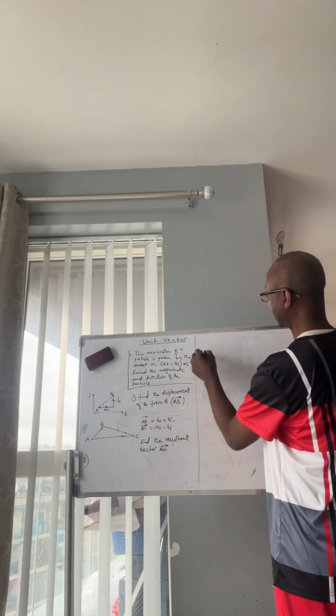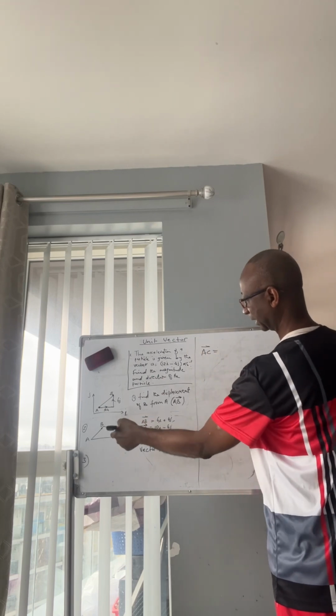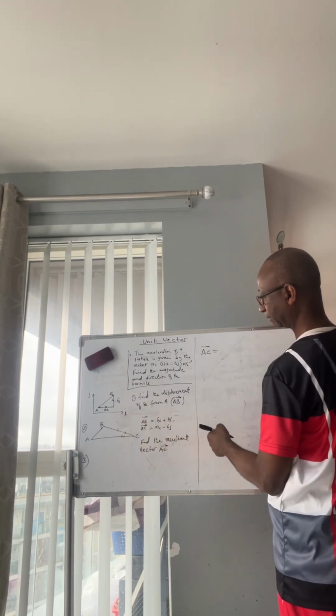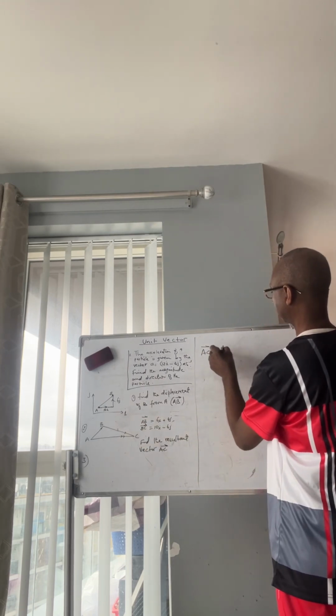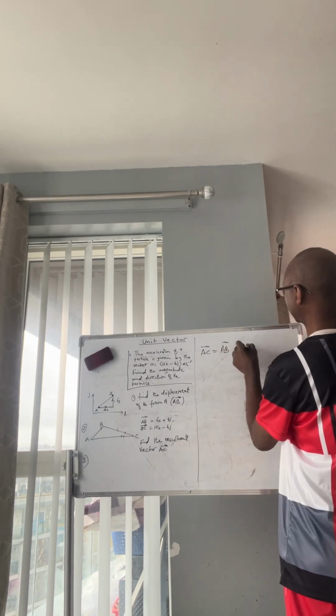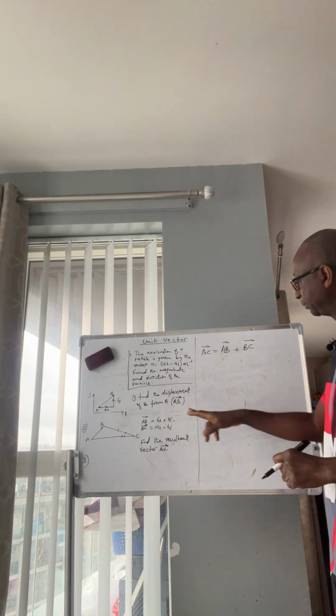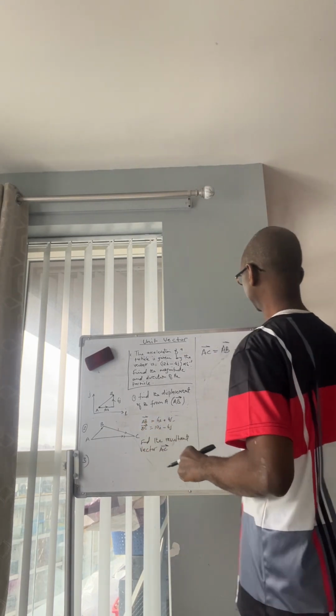So it means we are adding again the two vectors. So now we know that AC is equal to vector AB plus vector BC.